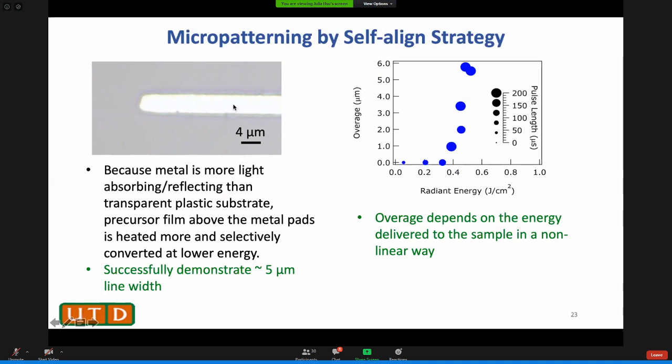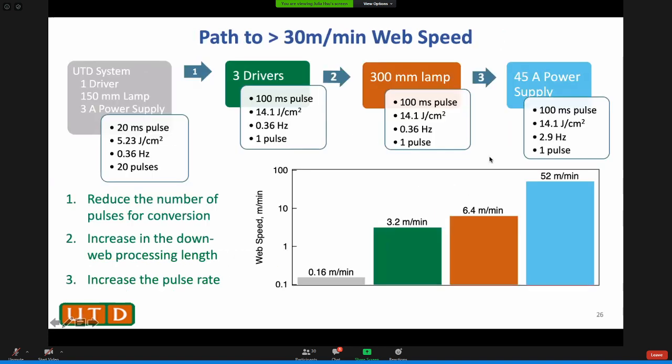And then you can use a bigger lamp and the same energy, and that would increase it by a factor of 2 to 6.4. And then you can use a bigger power supply, so you can increase the rate at which you can deliver the pulse, and that will get you to 52 meters per minute.